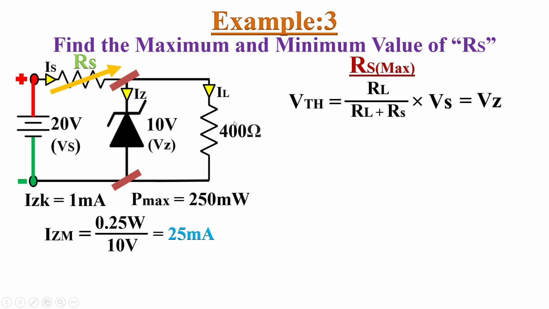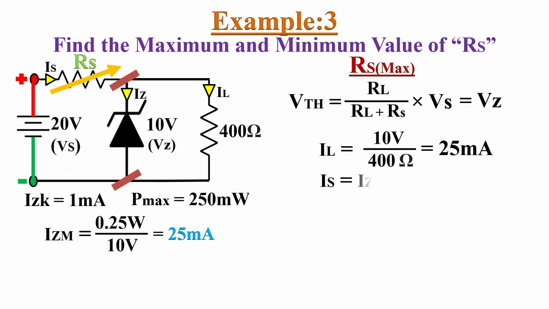The voltage across this 400 ohm load resistor is also Vz. So the load current IL equals 10 volts divided by 400 ohms. That gives 25 milliamperes as the load current. As we know, source current Is equals Iz plus IL.